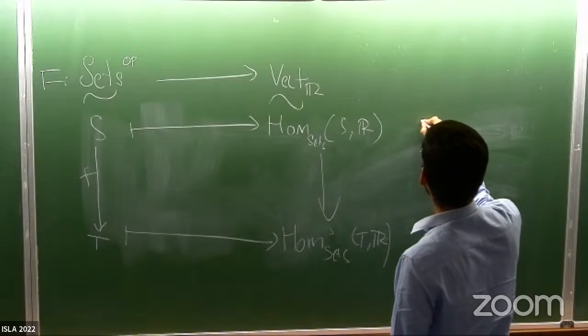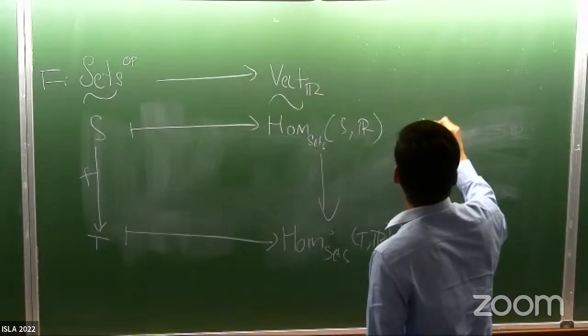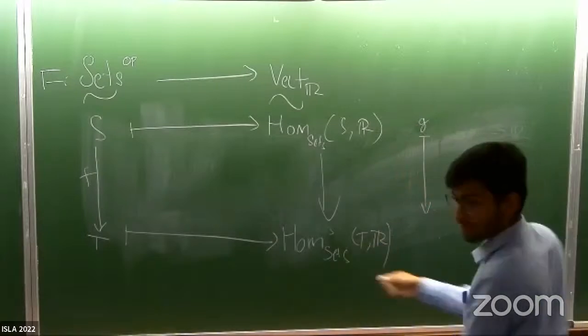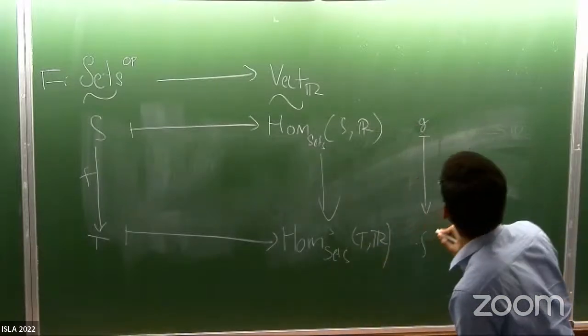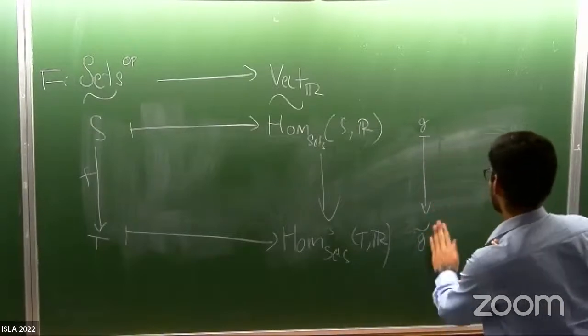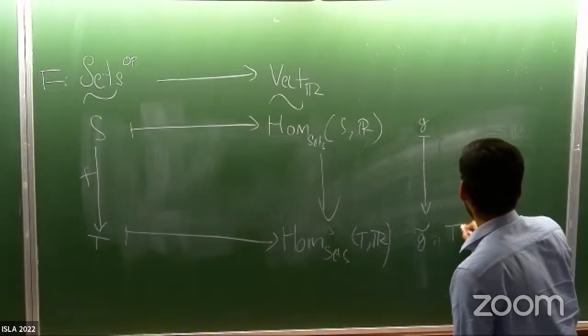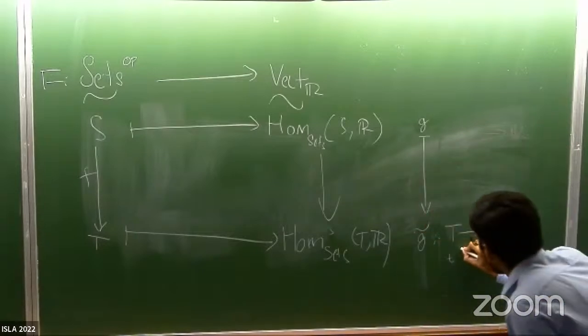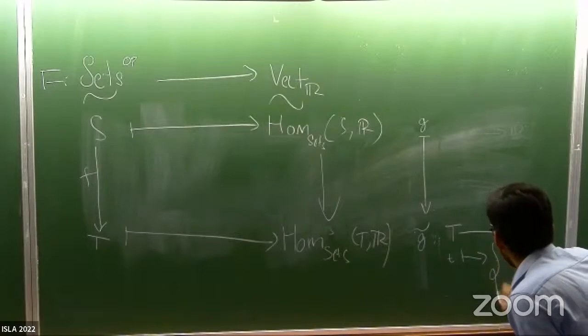It will take an arrow G and map it to the following function from T to R. You define G tilde from T to R by taking an element of T and mapping it to the following.